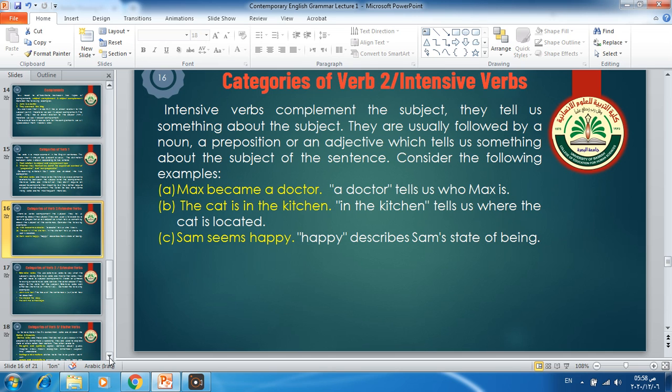Again, the adjective happy tells us some information about Sam. So that's why we say that these verbs are intensive, because they show this kind of relationship between the subject and the complement. The intensive verbs will help us to understand the relationship between the subject and the complement.